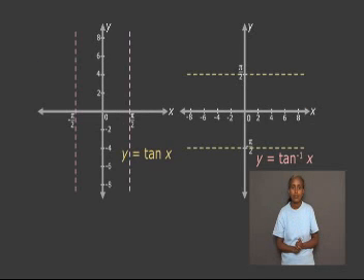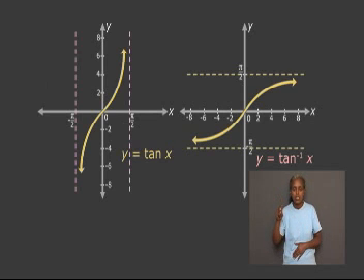The tangent of x is invertible when x is restricted to the interval of negative pi over 2 and pi over 2, as seen in this graph.